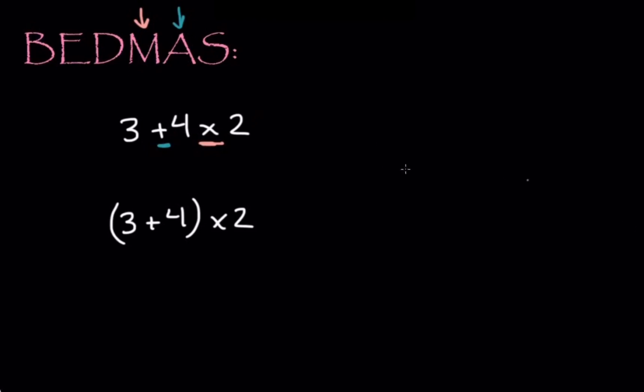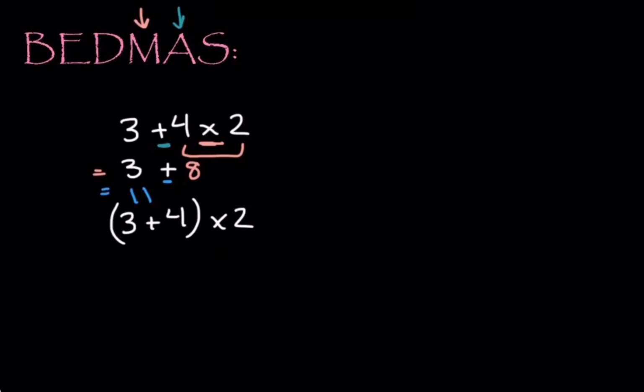Okay, so that would be 4 times 2. We put an equal sign here and rewrite it: 3 plus, the plus is still there, we're not doing that one yet. First is multiplication, so 2 times 4 is 8. And now we do the addition, and that would give us 11.